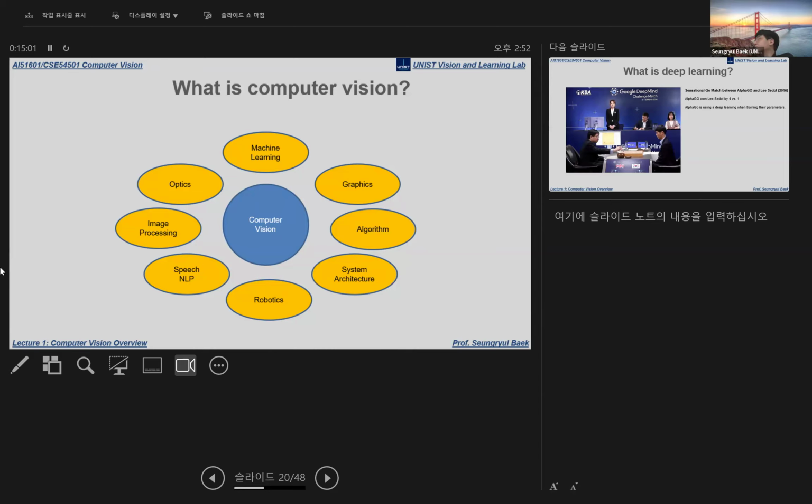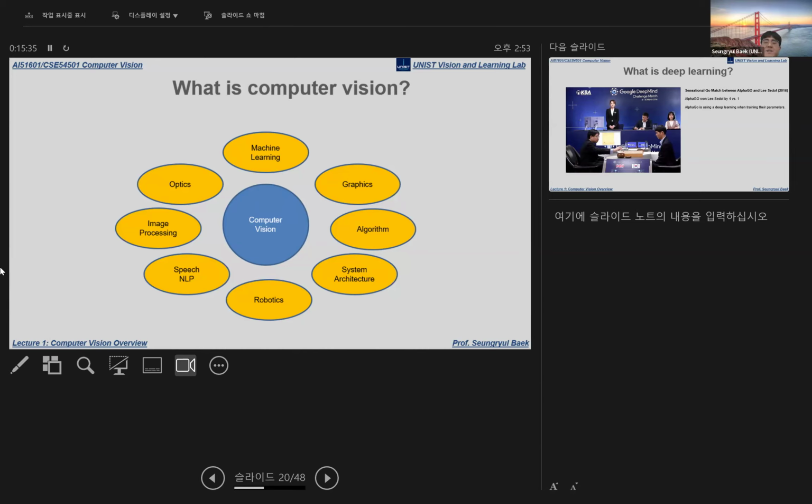So computer vision is the field to give robots or other devices the ability of the human eye, to see objects and also understand what types of objects are in front of them, what types of actions or poses, what types of attributes those objects have, and what types of actions humans are doing.